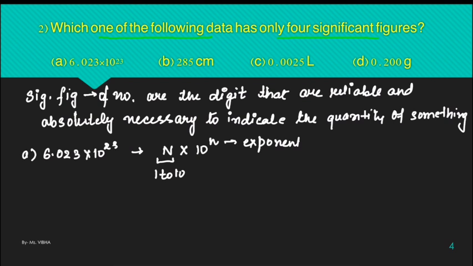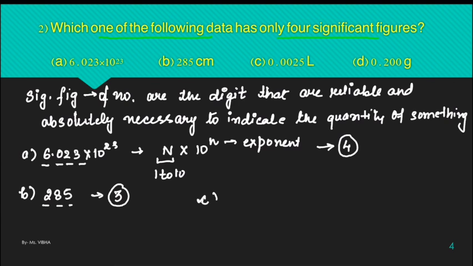In such numbers, the answer is we have 4 significant figures in the first option. Second, we have 285. All the non-zero numbers are significant. So the number of significant figures is 3.